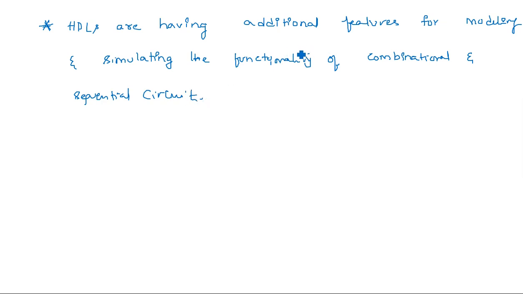When you simulate combinational and sequential circuits using HDL models, they have some separate features. Just like VHDL, Verilog has IEEE standard libraries, an IEEE standard like your VHDL code.